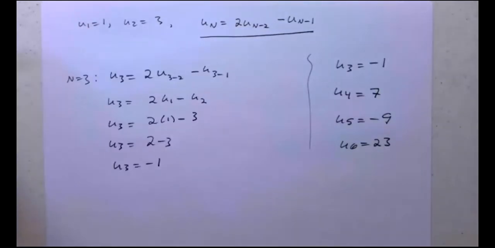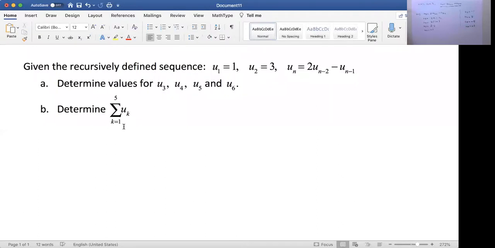Now, what's the next thing that the question was asking me? We want to find the sum as k goes from 1 to 5 of u sub k, so we're not using the sixth one.